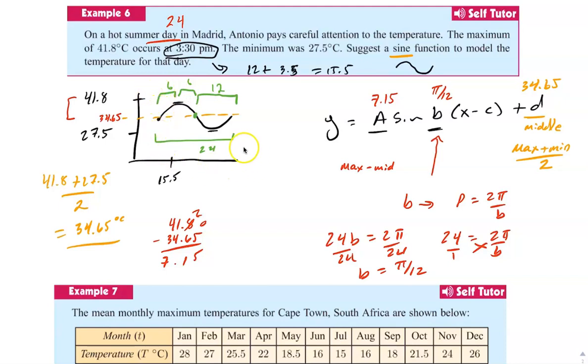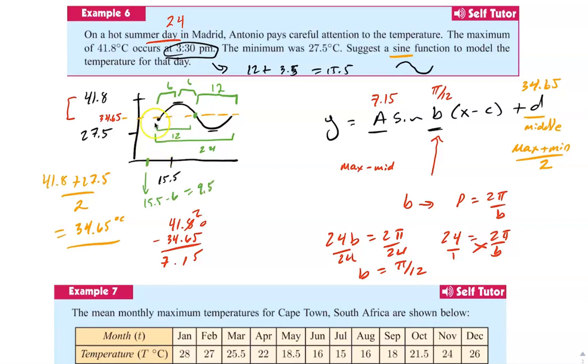Right, the whole thing's 24. Halfway would be 12, which means this half would be 12. Well, I could cut that up in 2. That means this is 6 and this is 6. Why am I doing that? Because I know where this point is. That's at 15.5. If I go 6 back, it's going to be where I start. So it's going to be 15.5 minus 6, or 9.5.